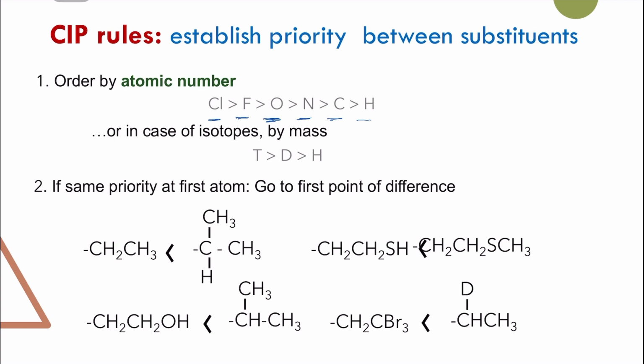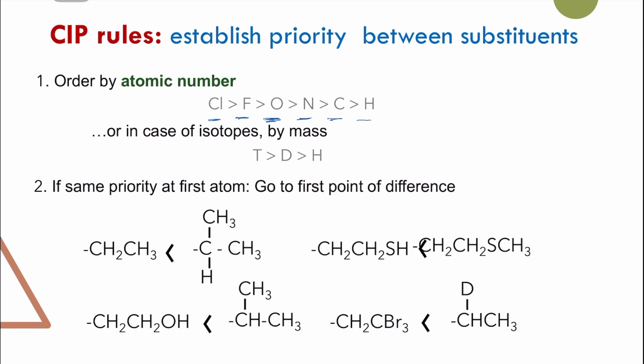The second thing is, in case I have two isotopes like deuterium and hydrogen, I consider them as two different substituents, and now I will order them by mass. Deuterium has higher mass than hydrogen, so deuterium will have priority over hydrogen.